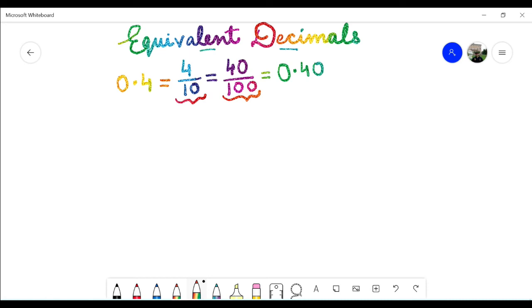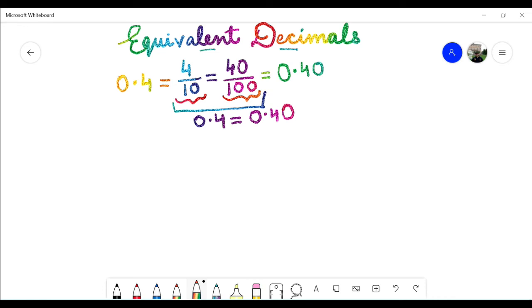Now, since 4 upon 10 and 40 upon 100 are equivalent fractions, 0.4 and 0.40 are equivalent decimals.